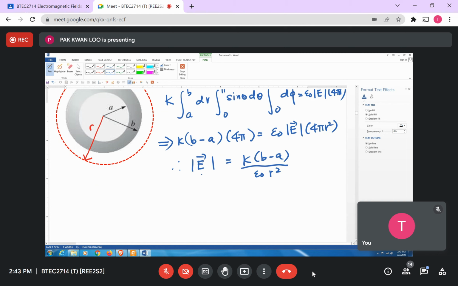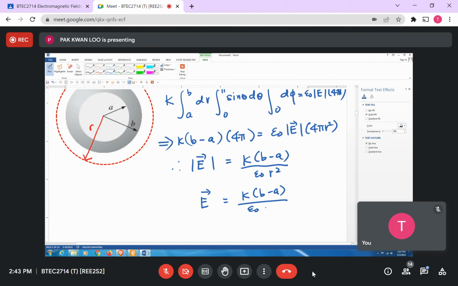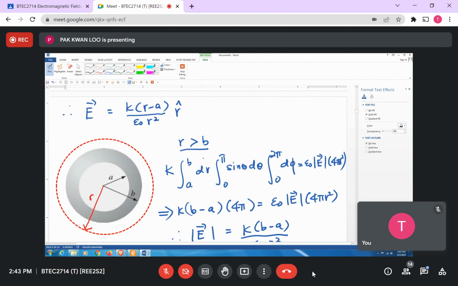If you want the vector, just remove the modulus. So that's the answer.